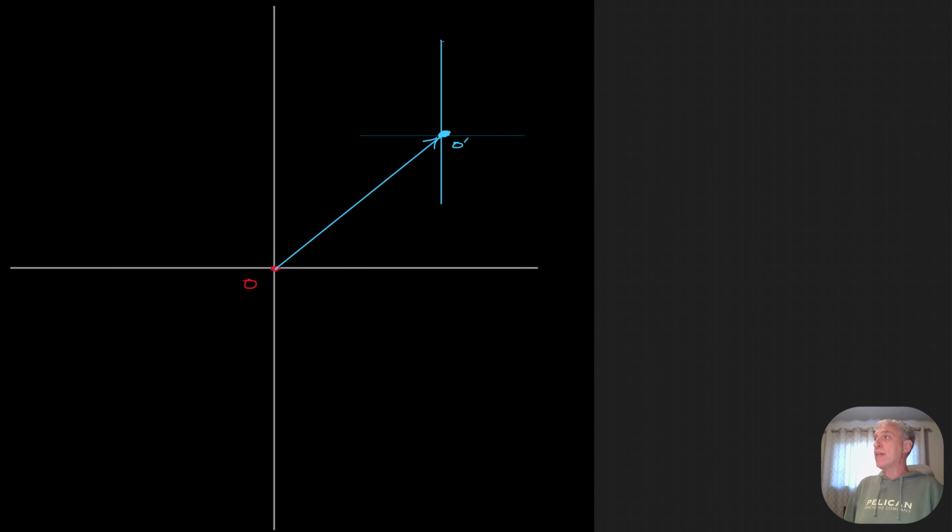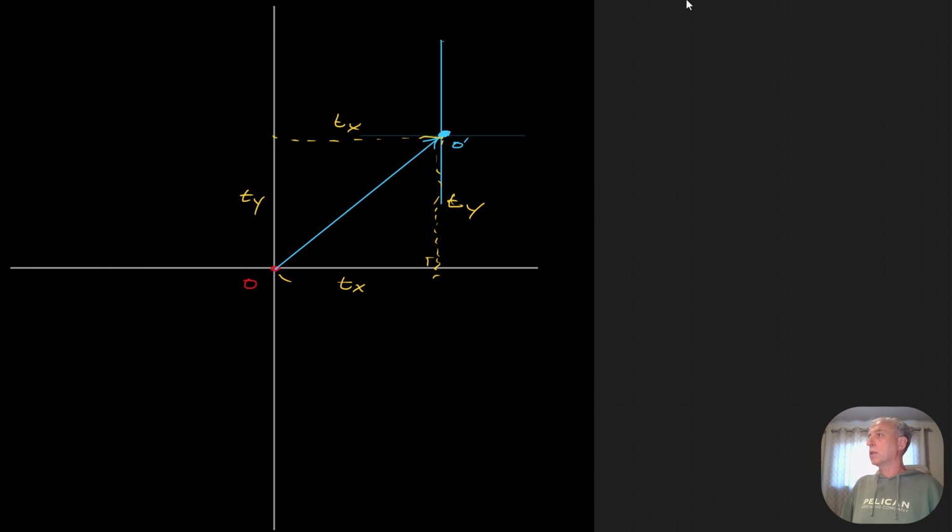So if I draw an orthogonal projection down, then this would be the x value, or the translation component in the x direction. And over here would be the translation component in our y direction. I could reflect those up here as well. This would be tx, and this would be ty.